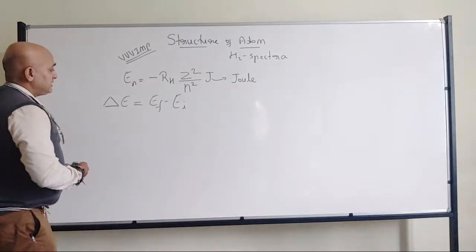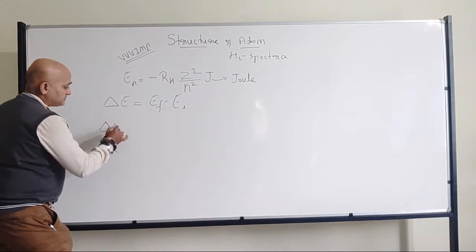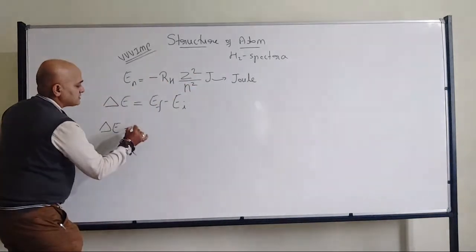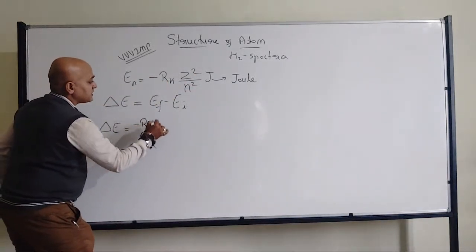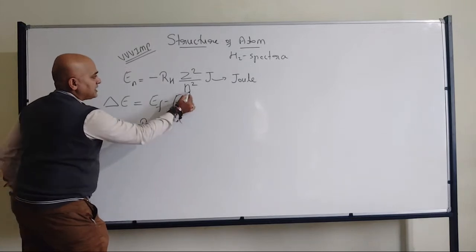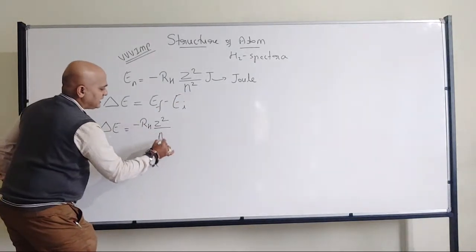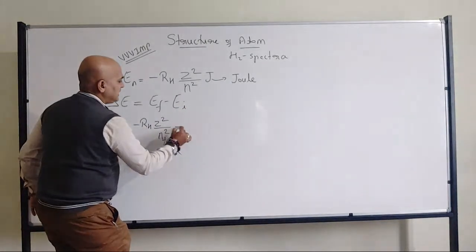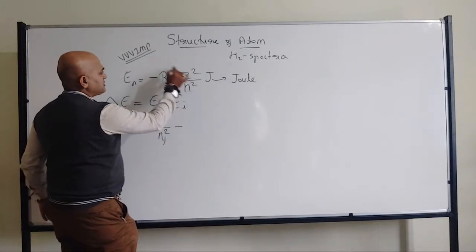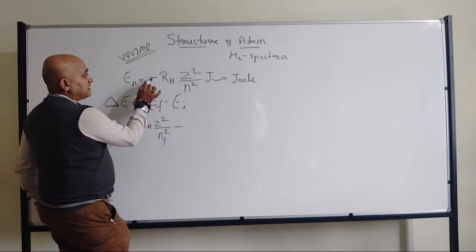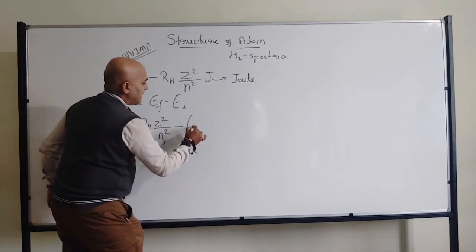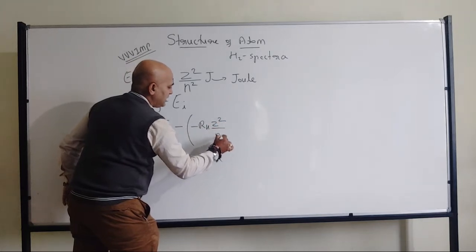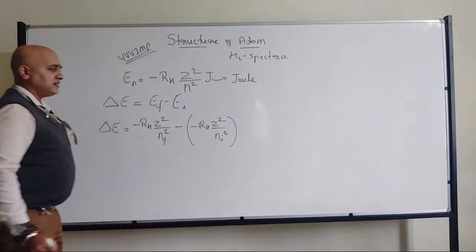Therefore, delta E is equal to E_F, substituting this value, minus R_H Z square divided by N_F square, and then for E_I, substitute this value, but don't forget the negative sign, so I put a bracket: minus R_H Z square divided by N_I square.